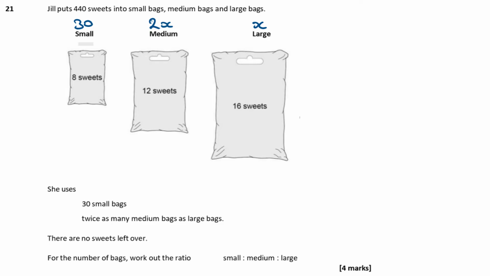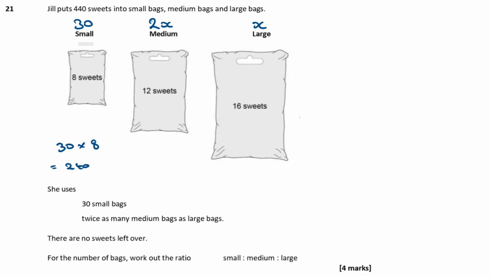Let's do the small sweets first. If I got 30 bags of the small sweets, how many sweets is that altogether? So 30 times 8. 3 8s are 24. That's 240 sweets gone already.